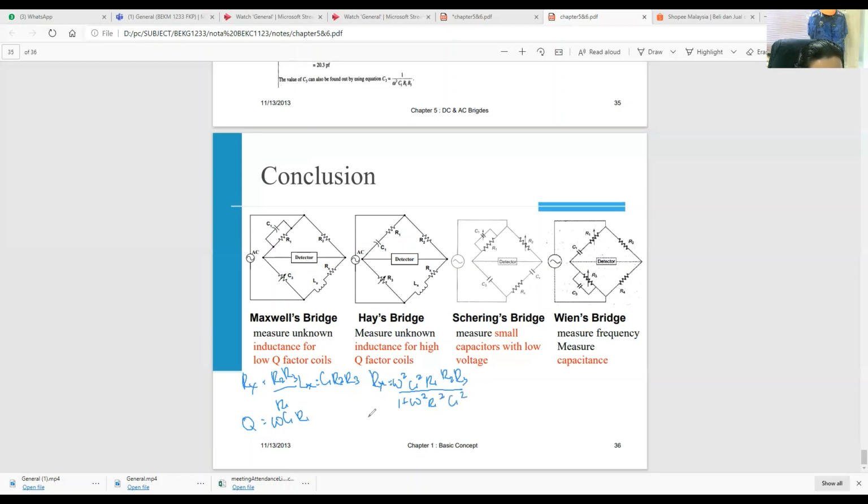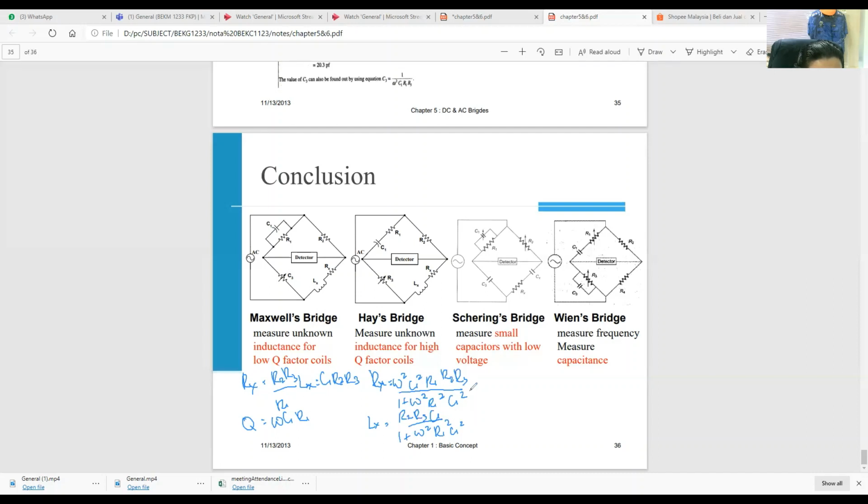Then we calculate Lx: Lx equals R2 multiplied by R3 C1, divided by 1 plus omega squared R1 squared C1 squared.